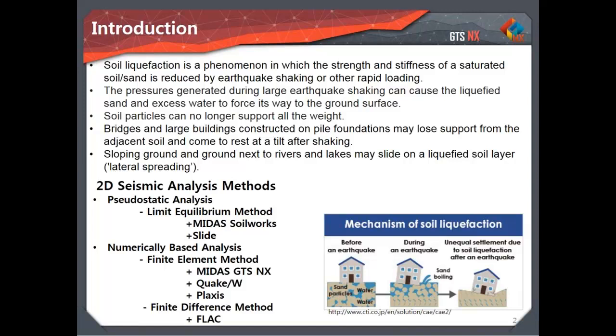All the excess pore pressure rises to the surface, and it becomes almost like quicksand behavior. At that point, bridges or large buildings with pile foundations lose their support and eventually end up tilting over or resettling in a way that was not intended.